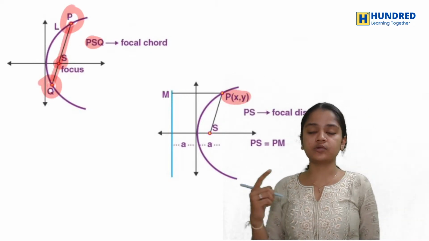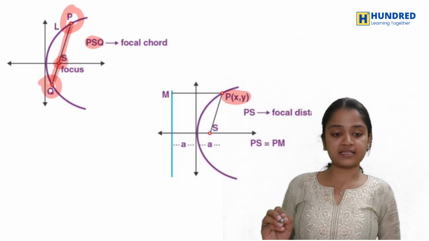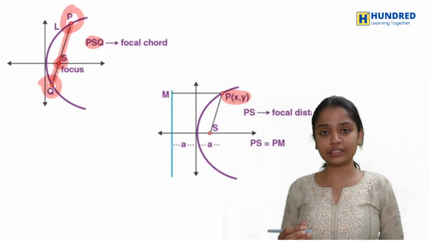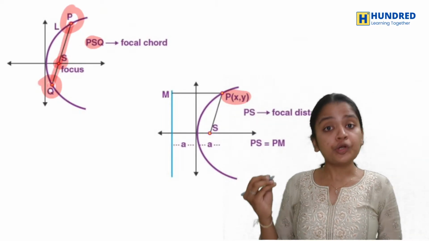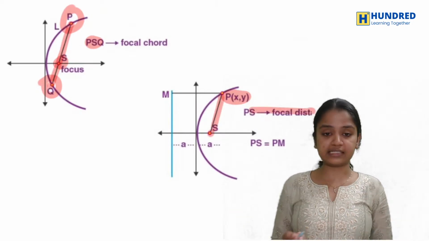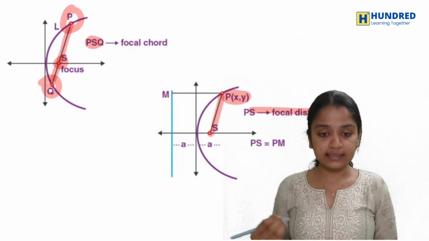Here I'm keeping the point as P(x, y), a point on the parabola. From that point to the focus is our focal distance.